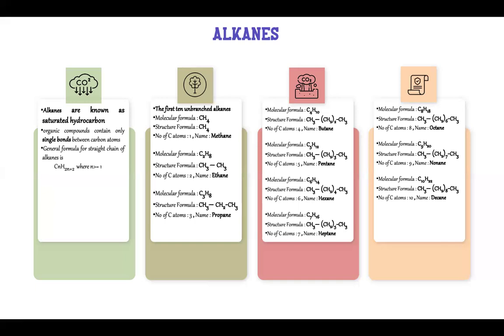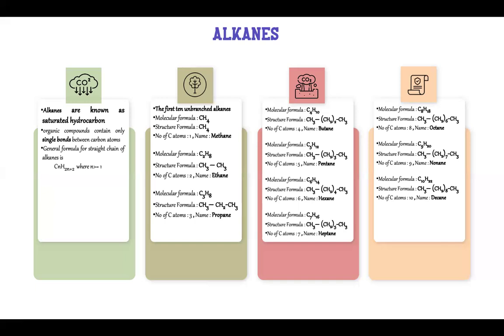And then we have heptane, where the number of carbon atoms is 7. The molecular formula is C7H16, and the structural formula is CH3-(CH2)5-CH3. Next, we have octane. The number of carbon atoms is 8. The molecular formula is C8H18. The structural formula is CH3-(CH2)6-CH3.